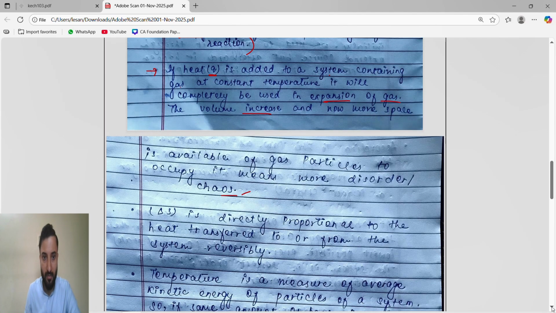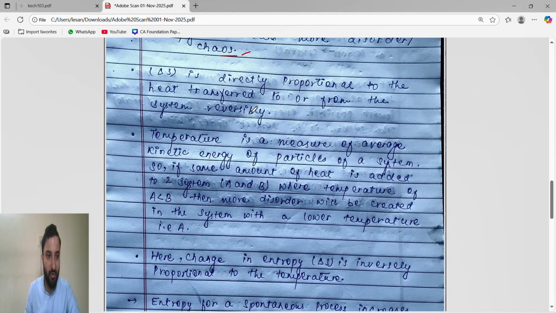Okay, after writing till here, now we'll see this thing. Delta S is directly proportional to the heat transferred to or from the system reversibly. Just keep in your mind, delta S is directly proportional to heat transfer either to the system or from the system reversibly.